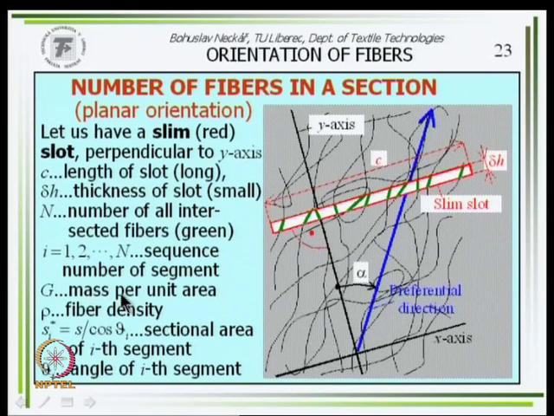G is mass per unit area, known as areal weight in industry. Rho is the raw fiber density. S is the sectional area of one fiber. For example, if the i-th fiber is this one, its cross-section is S by cosine of the corresponding angle theta i.